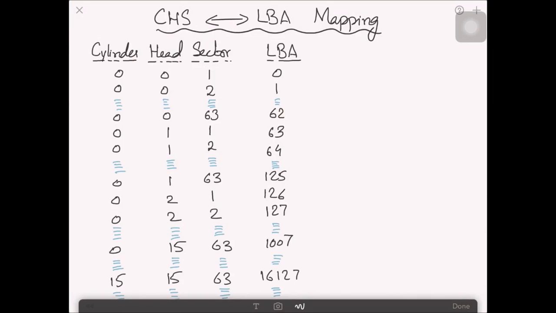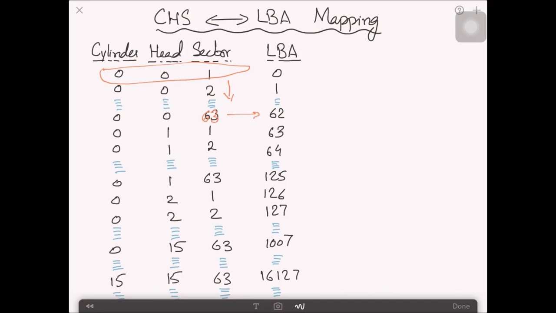This is a 3D address: cylinder 0, head 0 and sector 1, which is mapped to LBA 0. If you see over here, the cylinder and head don't change, and the sector keeps on changing up to the last sector, that is 63, which maps to LBA 62.